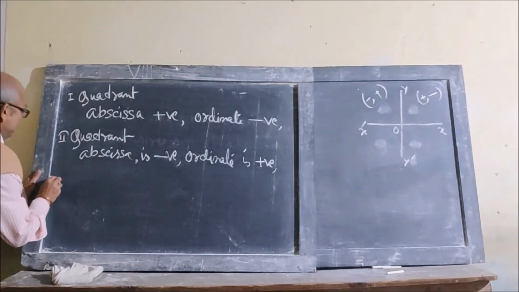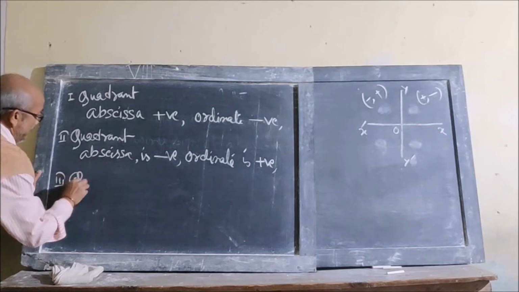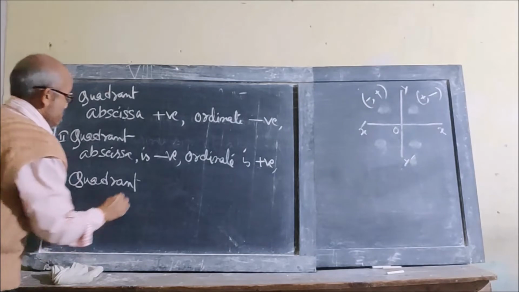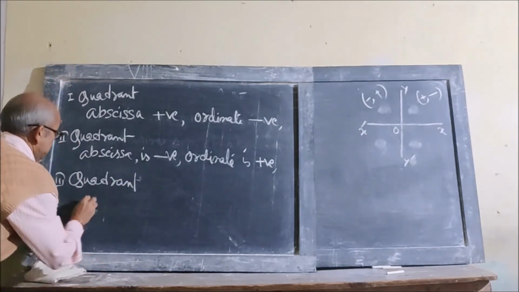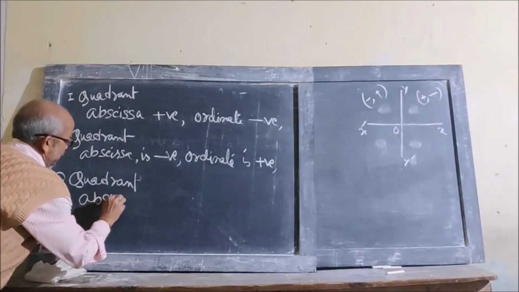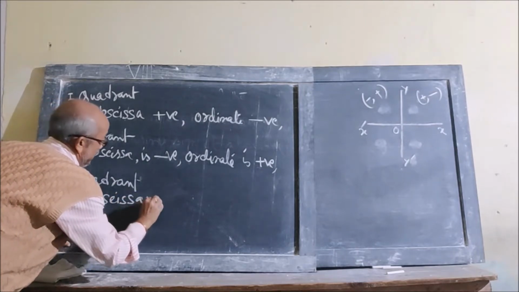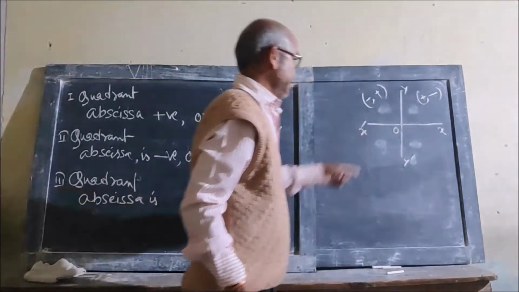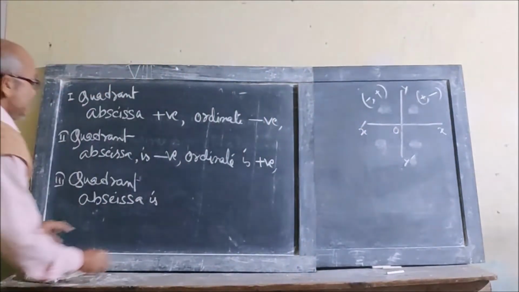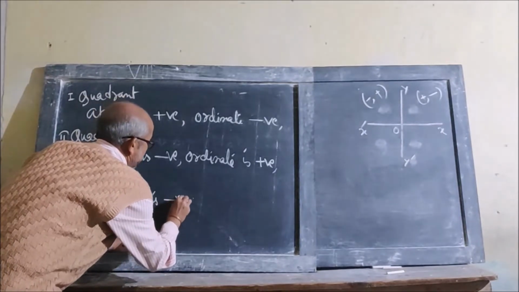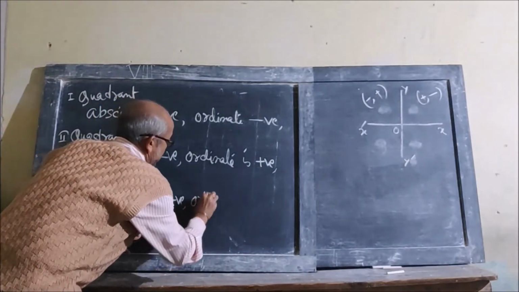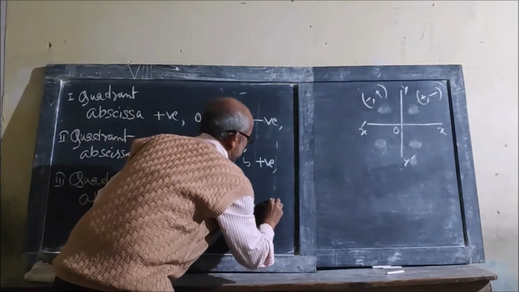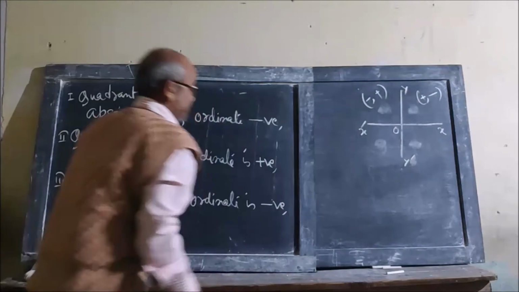And the third quadrant: the abscissa is minus, negative. The ordinate here is also a negative sign.